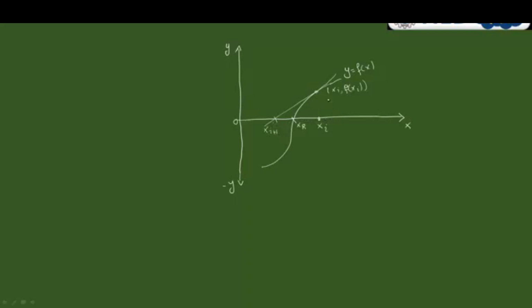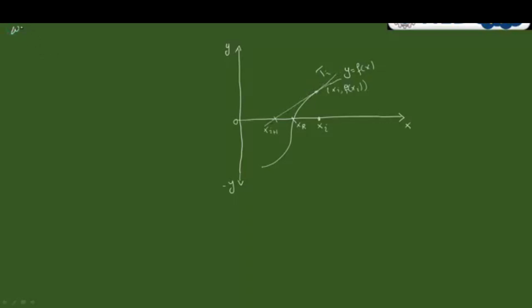So let's convert this logic into algebra. What we have done? I have one point and the function is given to me. So I can compute the equation of this line, which we call the tangent, let's say ti. How can I do that?